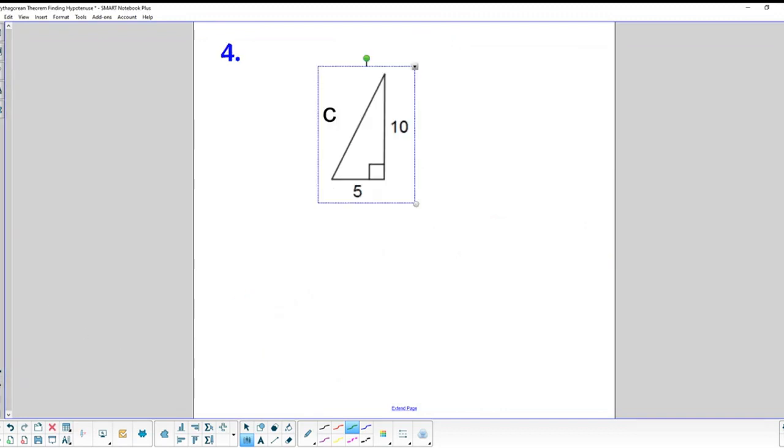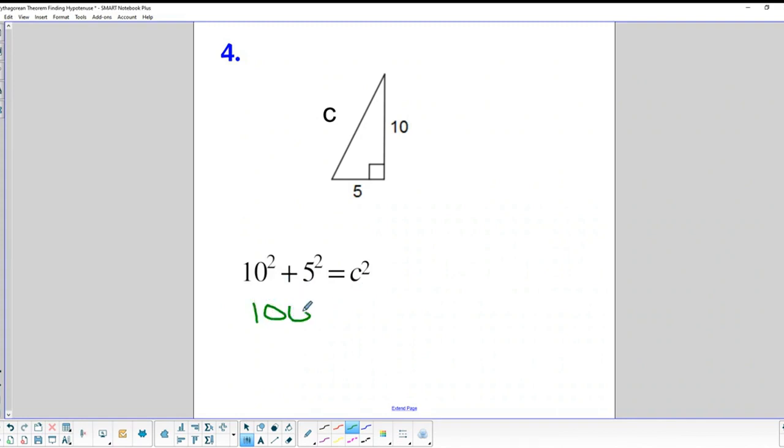All right, let's try a couple more. So number 4 here, we've got an altitude, or an A, of 10, and we've got a base of 5. So using our Pythagorean theorem, we put 10 squared plus 5 squared equals c squared. And we know that 10 squared is 100. 5 squared is 25. And all of that's going to equal c squared. So to find c, we have to take the square root of that sum.